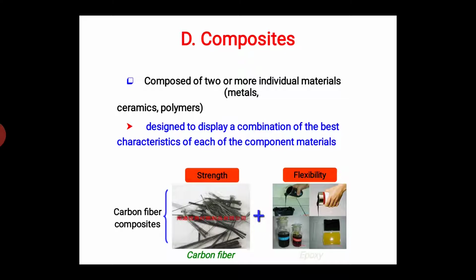Suppose we take the example of a composite material as a tire. Consider the rubber tires of a four-wheeler or two-wheeler. These tires have embedded steel wire in the rubber coating. That's why there is a large amount of strength in the tire. Another example of a composite is plywood sheets.